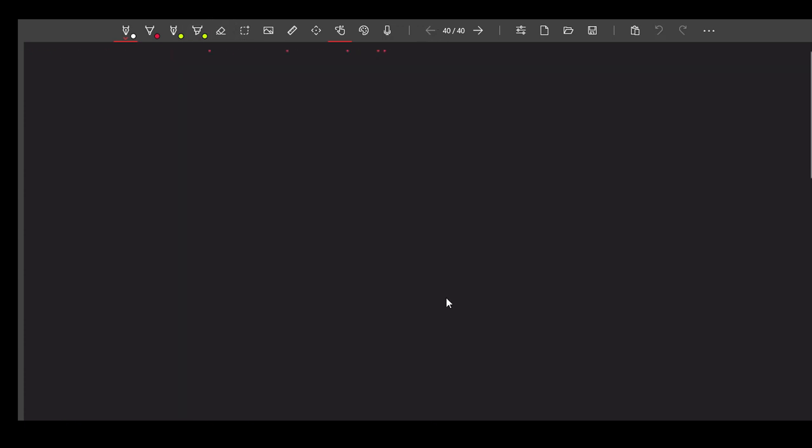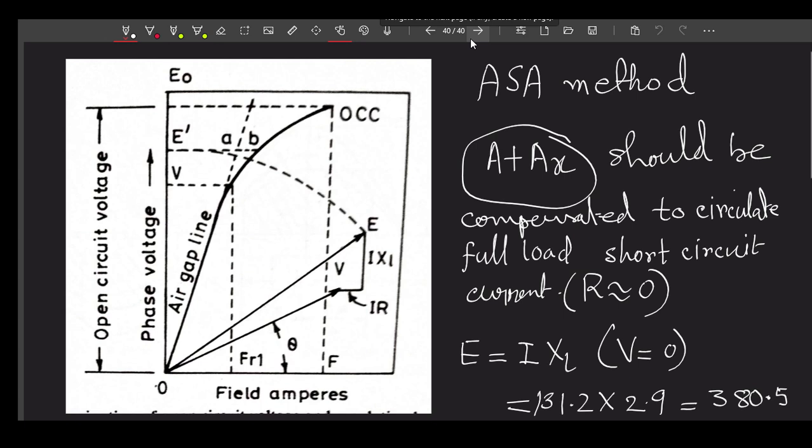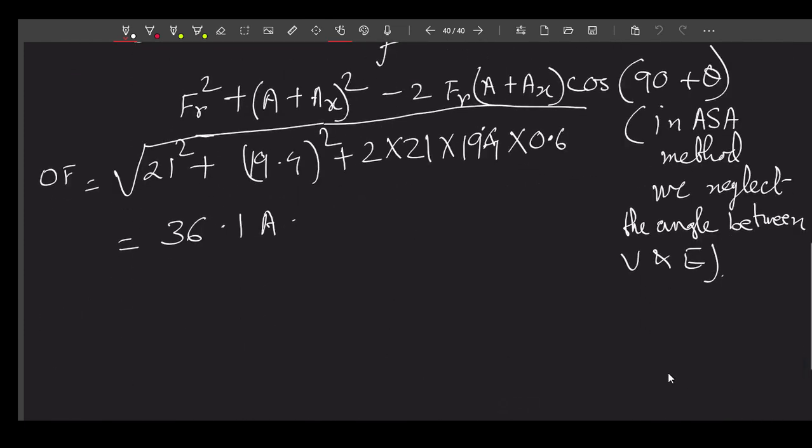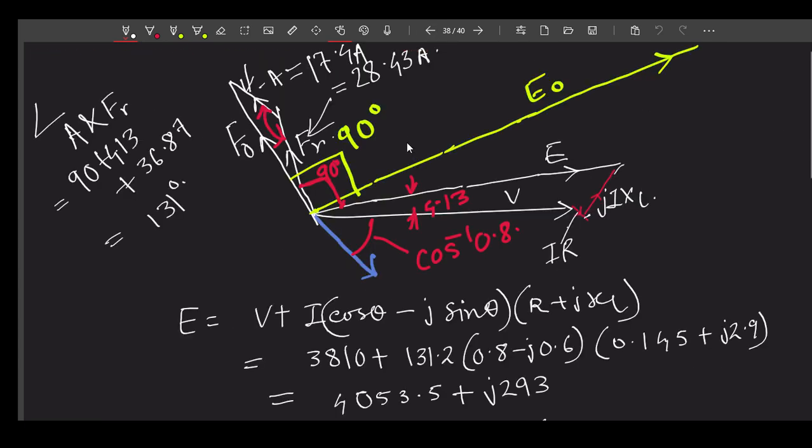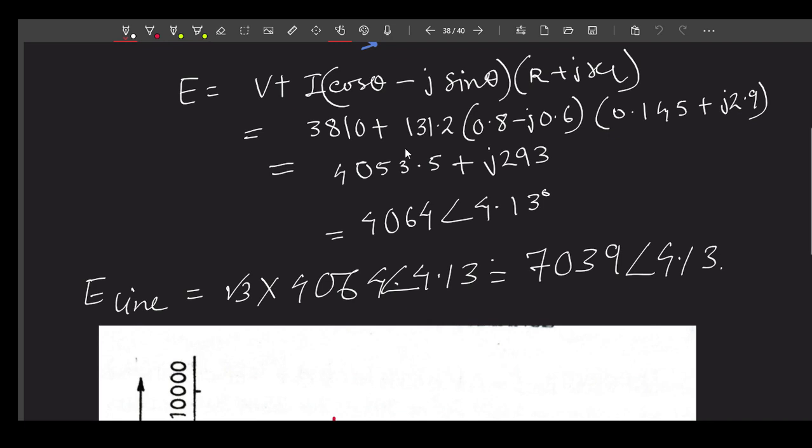So for that we will find, for this 36.1, the induced voltage is equal to, well, from our previous calculation, what we can see for V. Try to understand why I intentionally selected this problem: in this problem we are solving a problem of a salient pole synchronous machine, almost like a cylindrical rotor machine.